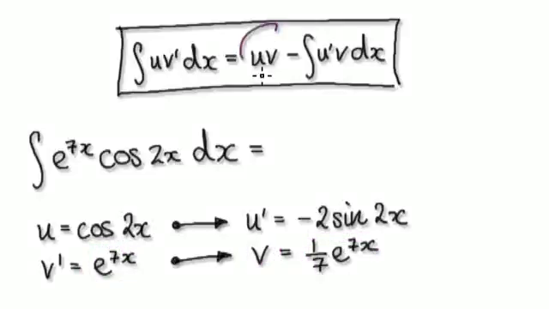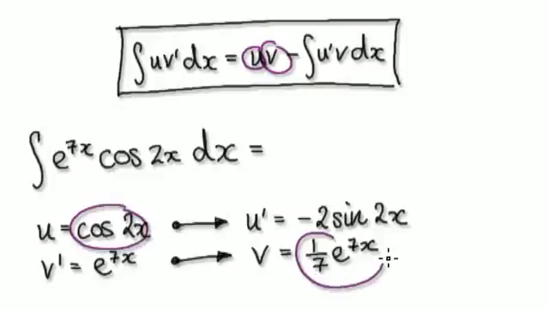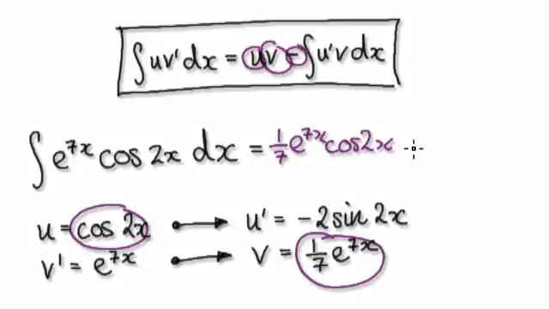Now following our formula, u times v would be 1 over 7 e to the power of 7x cos 2x, and then you've got your takeaway here. Take away the integral of u prime times v.